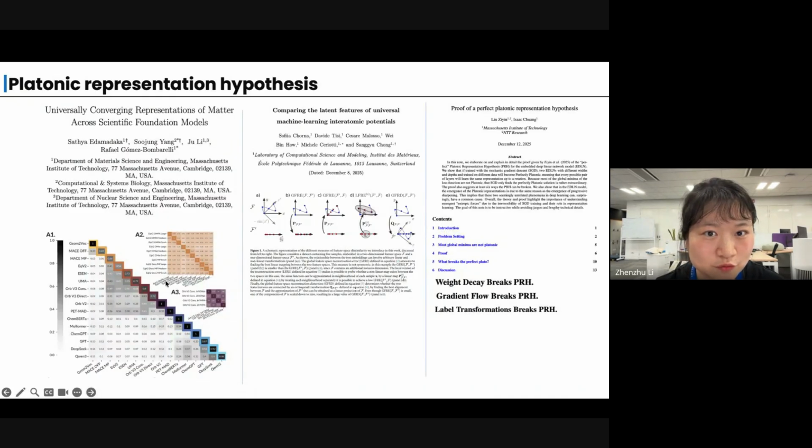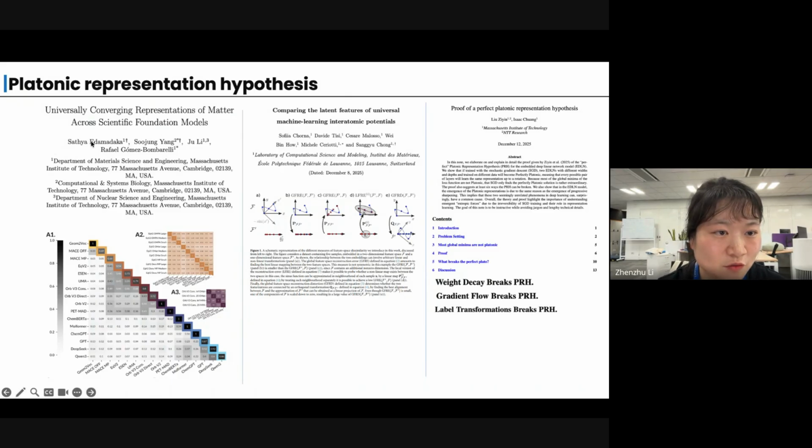In parallel to our work, only after we published our arXiv paper, almost simultaneously several other works appeared that also look at this problem from different angles. For example, this one from Raphael's group at MIT looks at over 60 different models, including machine learning interatomic potentials, but also GPT and language models, or even generative models.